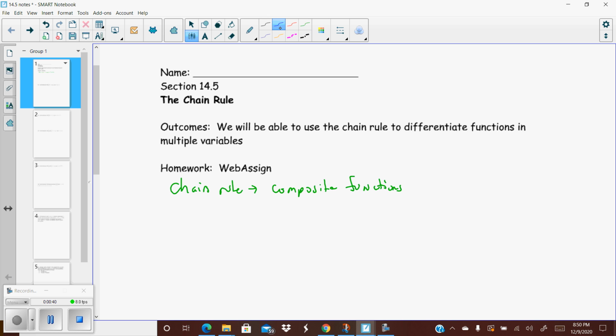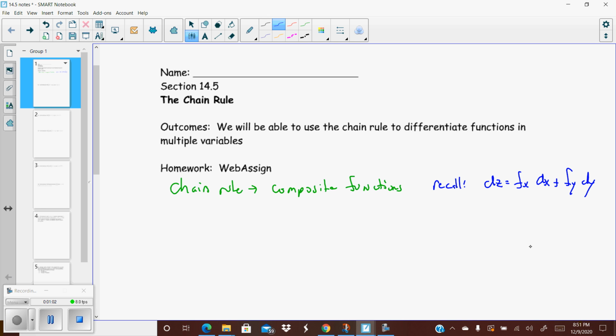So let's recall that if we had dz, so we're talking about differentials now, it was the partial of x times dx plus the partial of y times dy.